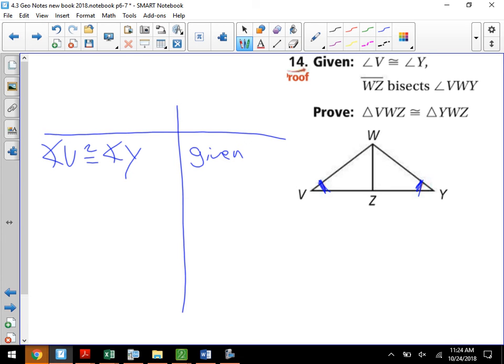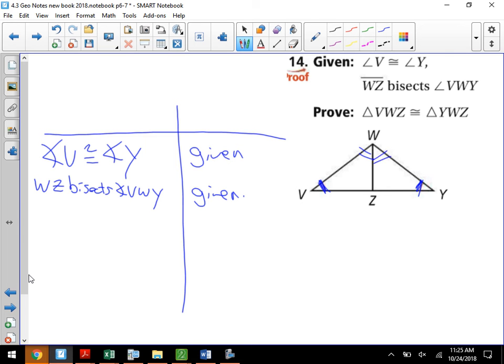And then you go to your next given. It says WZ bisects. I'm just writing this one down first as my given because now that I know where the bisector goes, I go to that angle that's cut in half and I mark those two angles. So if it's bisecting VWY, those two are going to be the same.